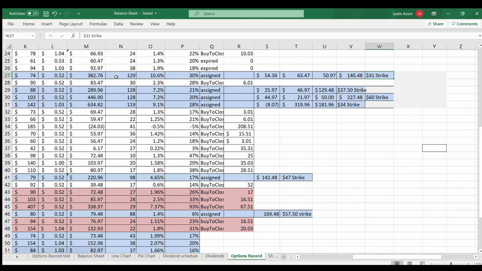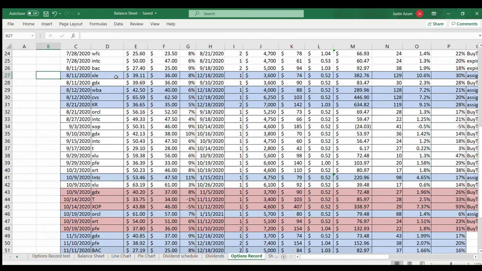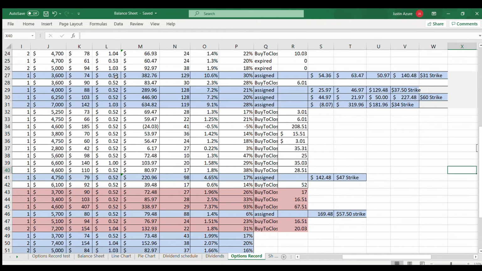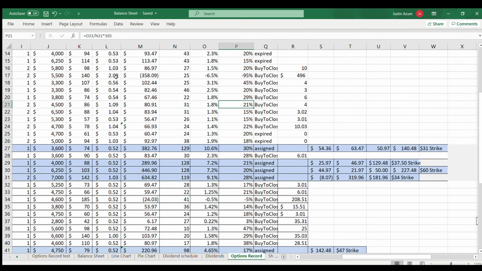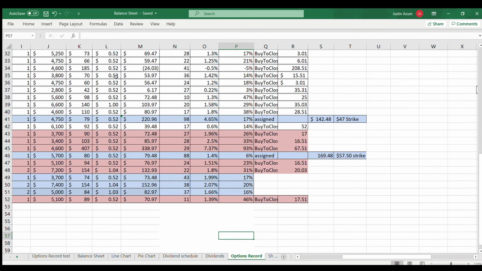And as I sell more covered calls and I roll them to new dates, I will modify the date here. So I'm using only this one expiration date in my spreadsheet. This way, it's all easy to see. I know what is open. All the white stuff is closed out and I don't need to worry about that. That's all history.